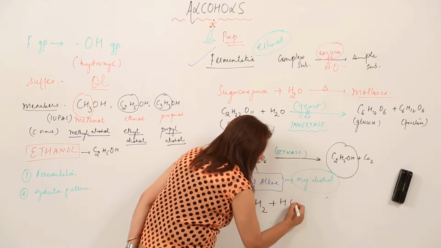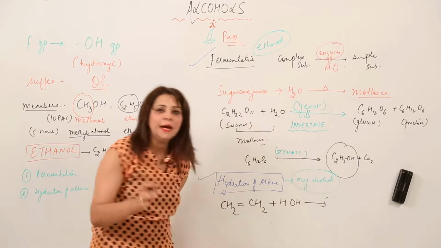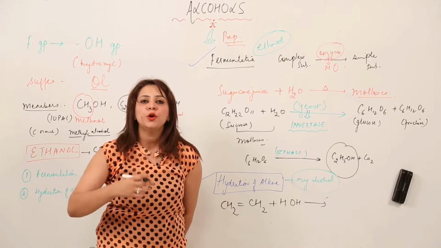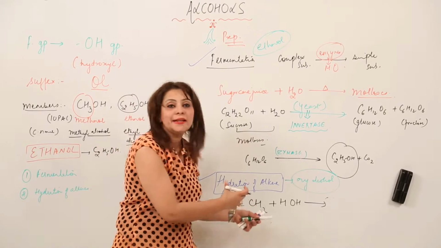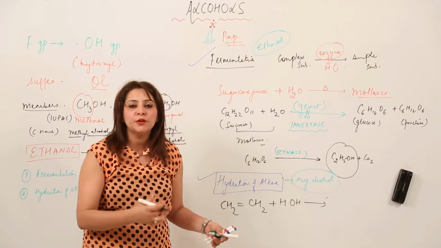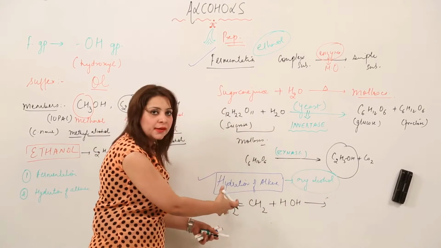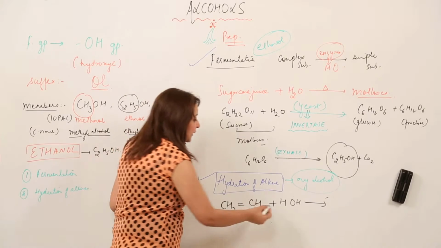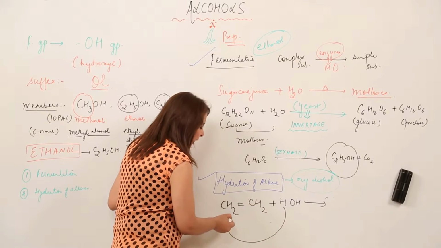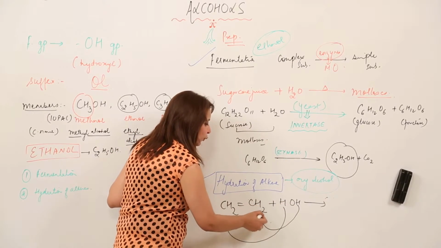I am adding water to it, that means I am adding H and OH to it. I am writing it separately because I want you to understand how this water gets split into hydrogen and hydroxide, and how these groups attach to ethene. So what happens is this H attaches to one carbon atom and this OH attaches to the other carbon atom.